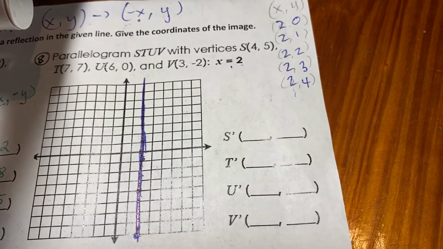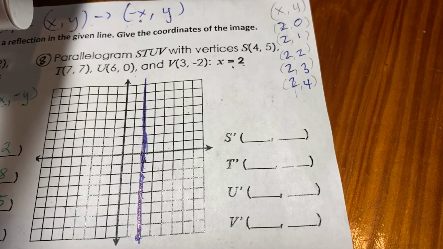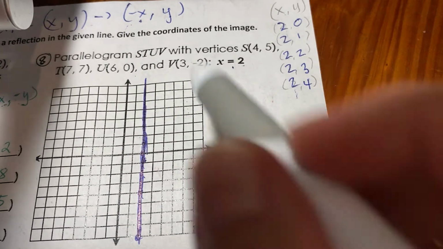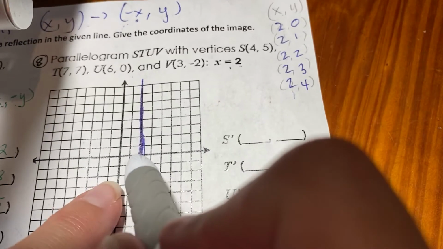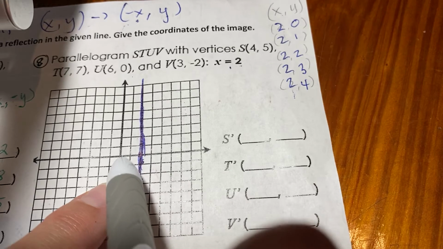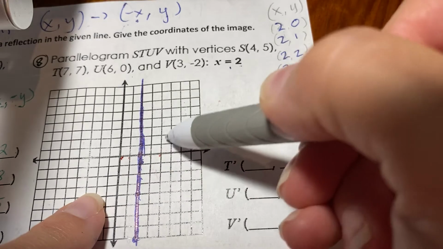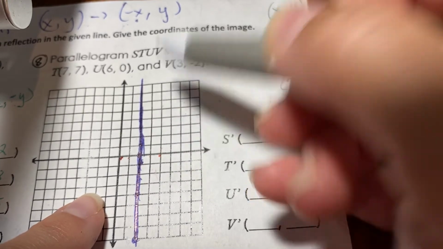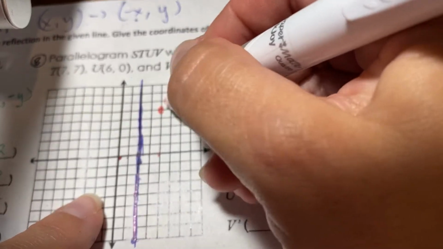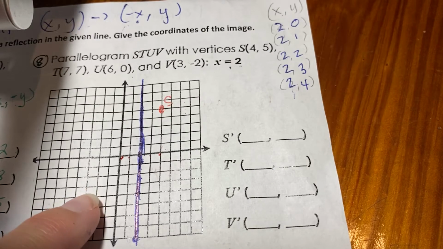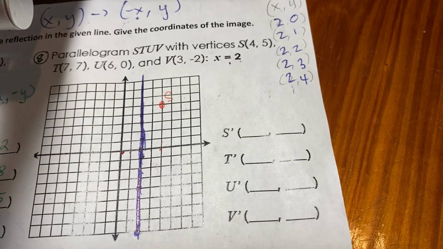So let's just look at 2 points really quickly. So let's look at my S. S is 4, 5. So be careful. Make sure you always start with your origin. 1, 2, 3, 4. 1, 2, 3, 4, 5. There is my S. Now, this is the problem where you cannot use function notation.